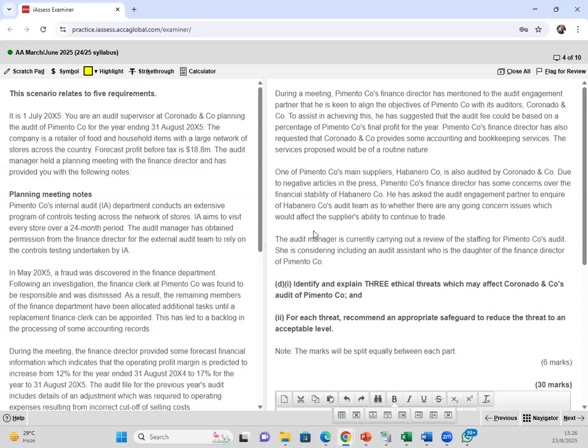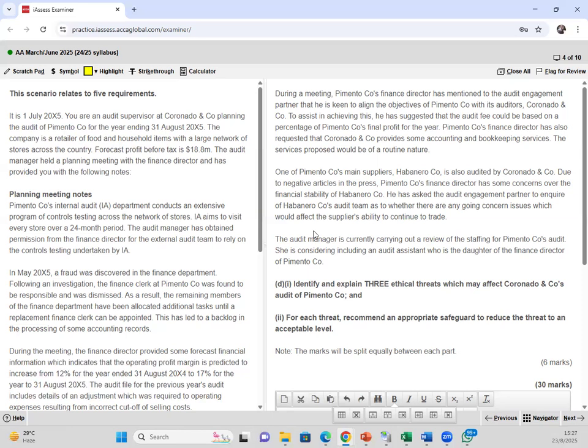This depends on whether the company we are auditing is a listed company or not. Did they mention anything? If the question is silent, you can assume the company is not listed.